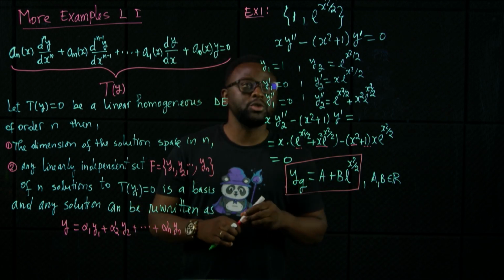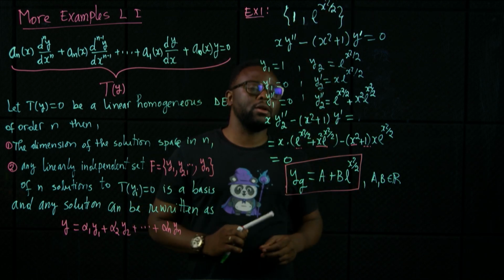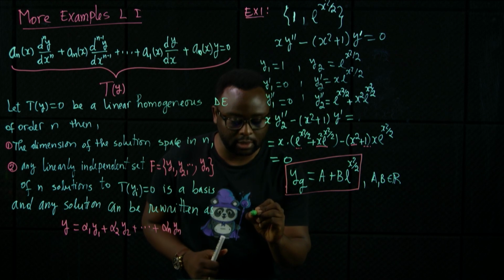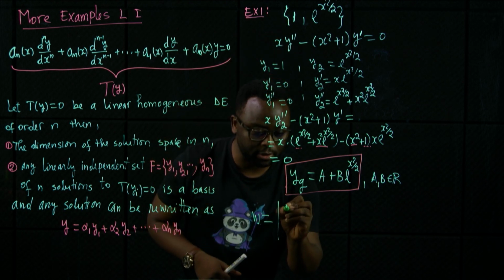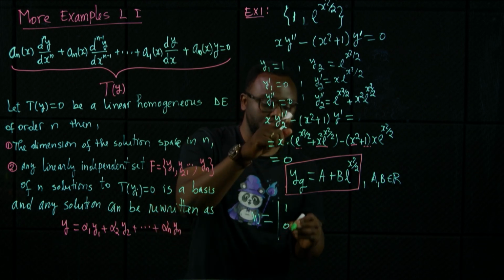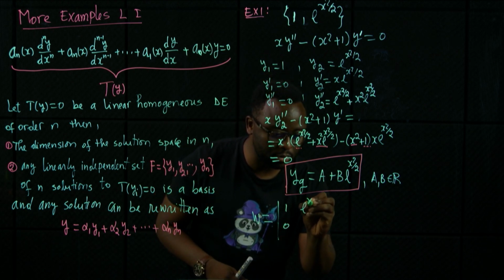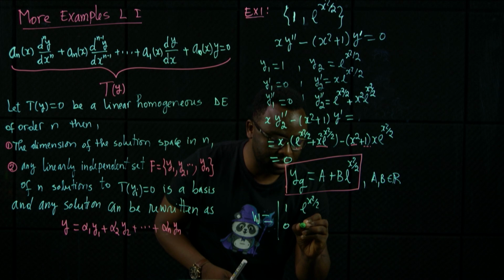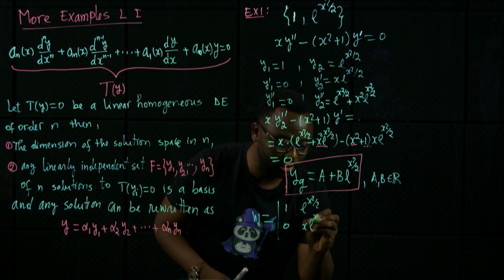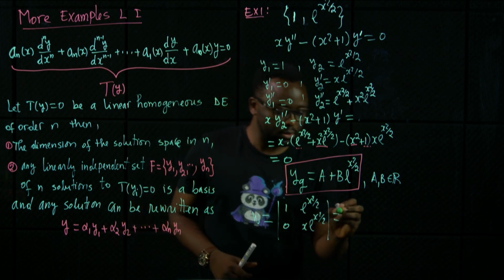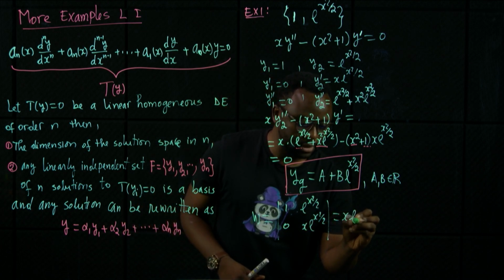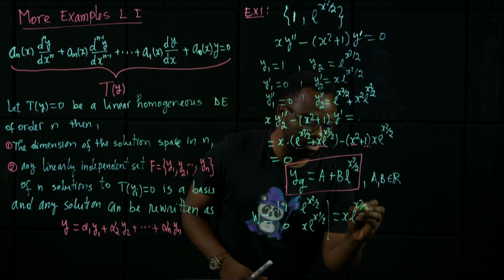Now I want to check whether this set is linearly dependent or not. We want to use the Wronskian. The Wronskian method says that we have to write the first function and the derivative of the first function. Here is 1 and its derivative 0, and e to the power x squared over 2 with derivative x times e to the power x squared over 2. If we cross multiply this, we obtain x times e to the power x squared over 2.